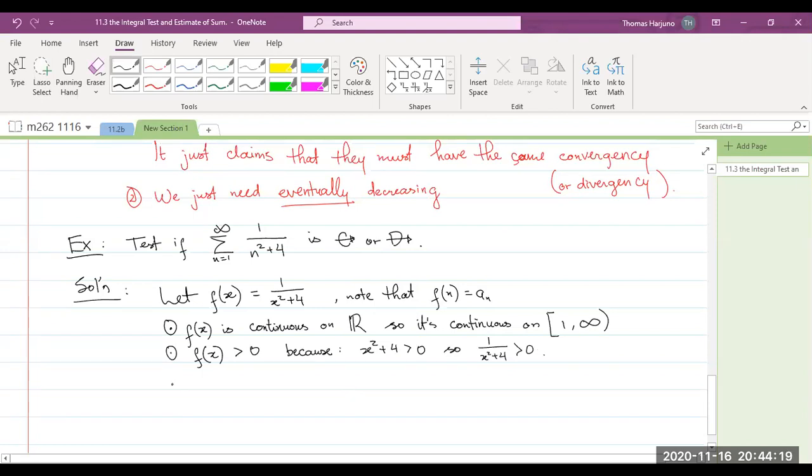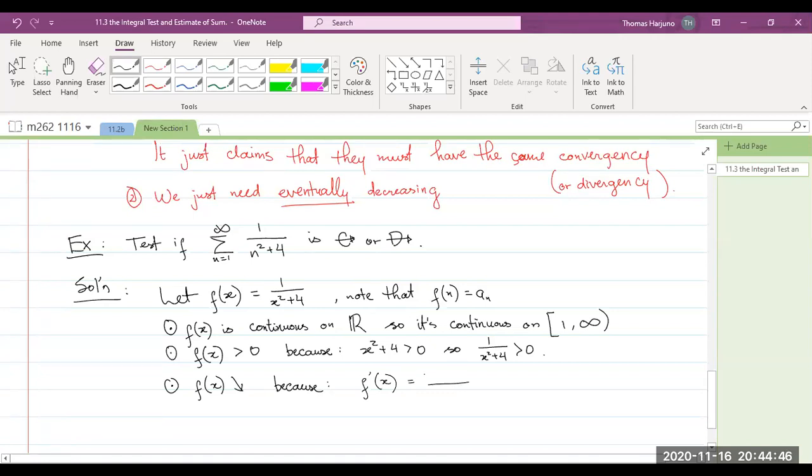How about the fact that f(x) is decreasing? How do we show that? We do the first derivative, right?